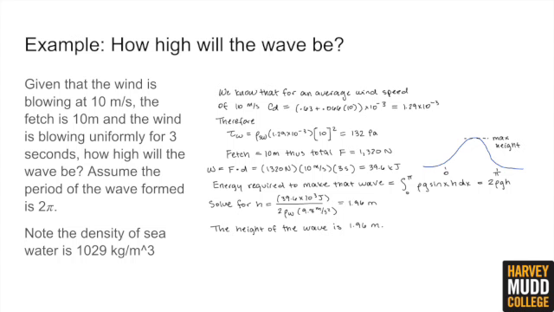So we can do that with our handy dandy little integral over here, and we can figure out that the energy required, or the energy in that wave with a period of 2 pi comes out to 2 rho gh. Then we can solve for h, substituting in the energy that we've already solved for and the density and gravity, and we can find that the height of the wave is a little bit under 2 meters.